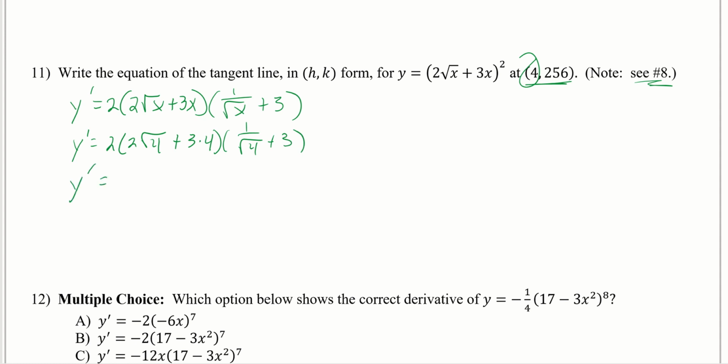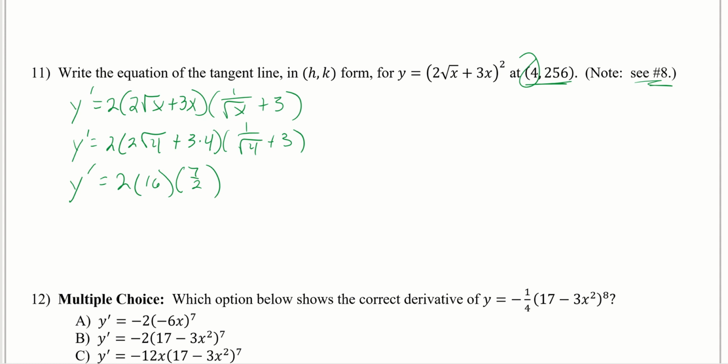So this would be 2 times, these two would be 4, so 2 times 2, so 4 plus 12, so 16. And this would be 1/2 plus 3, so that would equal a total of 7/2.